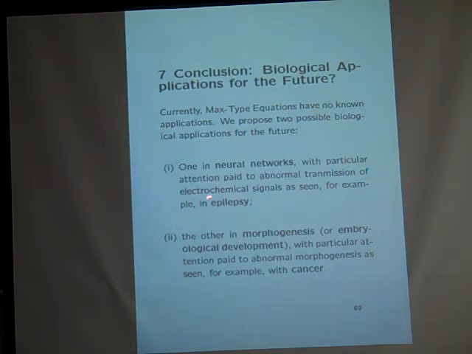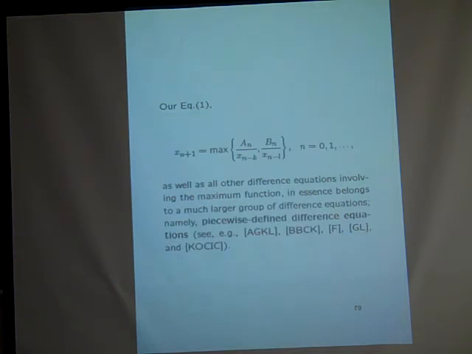You can imagine epilepsy with seizures as unboundedness, or in what's called morphogenesis, that's embryological development into the complete adult. And when it goes awry, as seen with cancer, where there is no differentiation of cells into specific organs, in other words, things go awry, there's also unboundedness in a sense. I won't go into detail, and I think I'm going to stop here early.